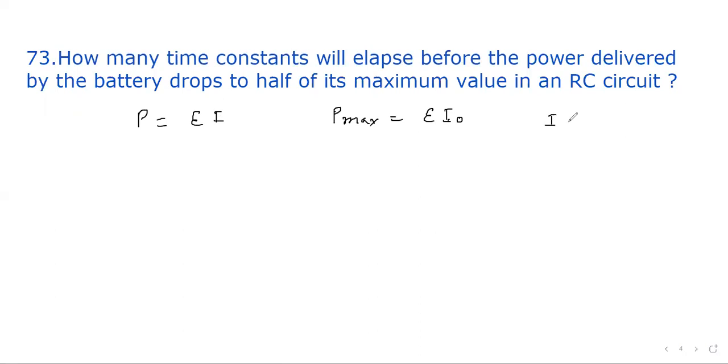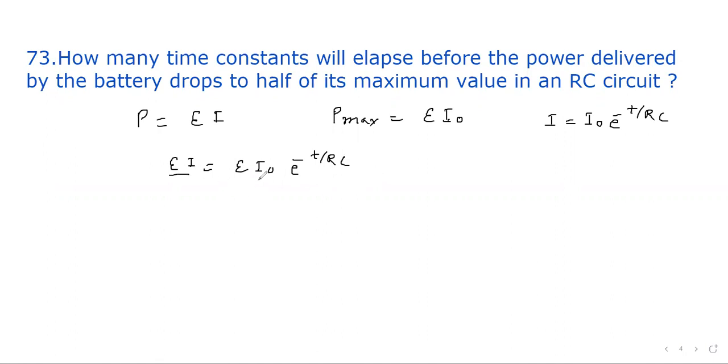And for charging circuit, current is given by I equal to I0 e power minus t upon RC. So power delivered EI equal to EI0 e to the power minus t upon RC.